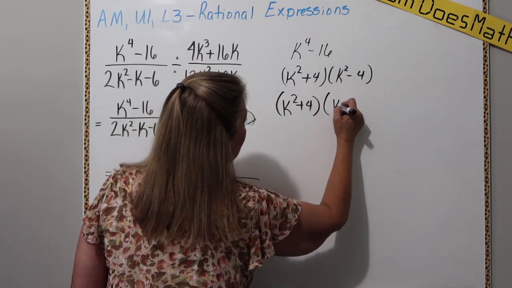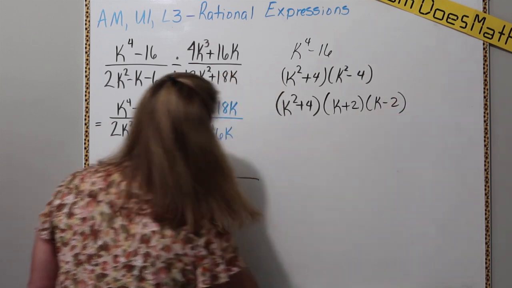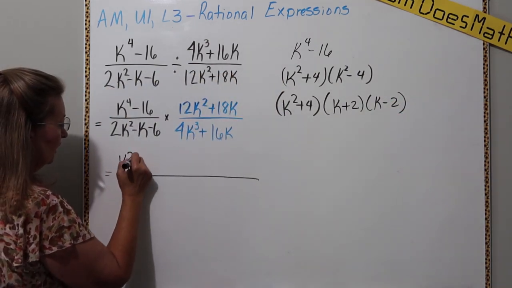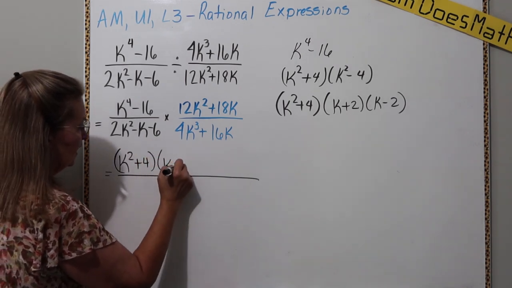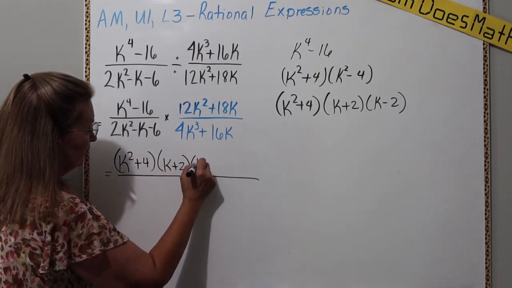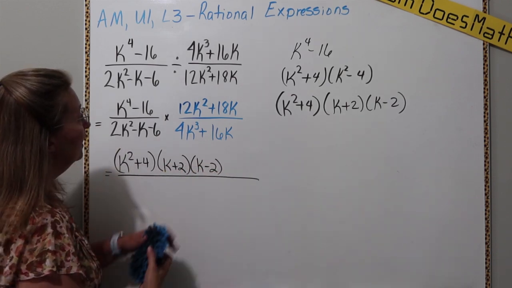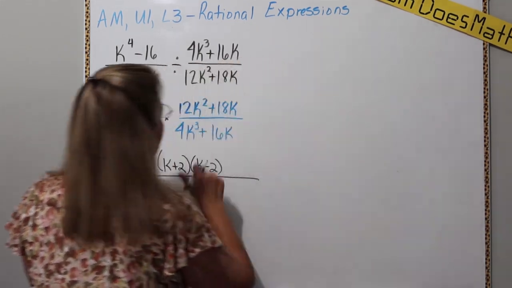This will factor into k plus 2, k minus 2. So the first thing on our final bar over here is going to be k squared plus 4 times k plus 2, k minus 2.